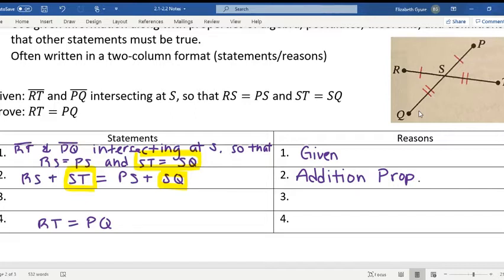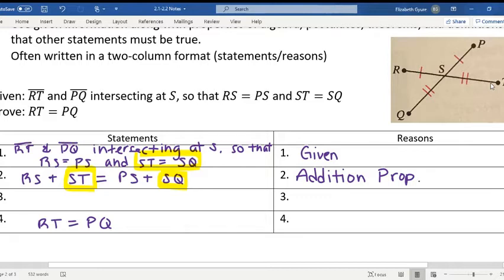Well, if you look at step 2 here, if I know this information, what else can I say? Well, I have here that the measure of RS plus the measure of ST, right? If you look at your picture, that's your whole segment. My larger segment is made up of those 2 little parts. So that's a way to introduce the measure of RT into my proof.